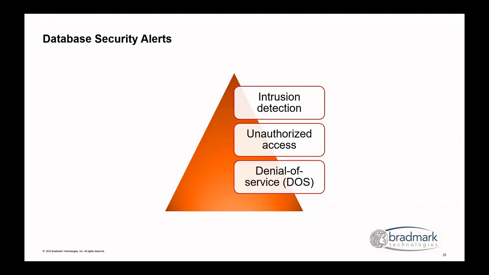An intrusion is definitely much more of a problem than some denials of service. But really, in terms of attack surface, that's the way this is organized. Intrusion detection is definitely one of the places to start. Unauthorized access is the next area to concentrate on, with denial of service coming in. Important as well, but definitely third on the list.